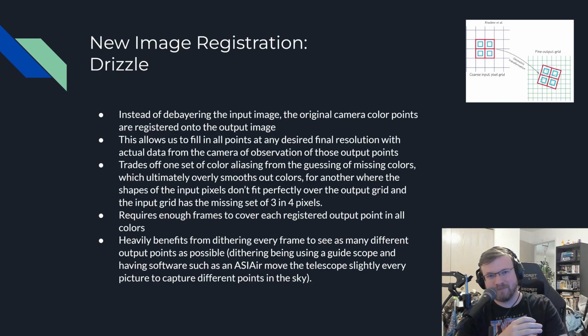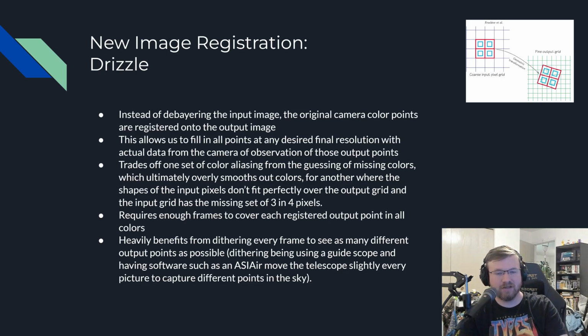This can be worked around, however, by not drop shrinking the pixels, just upping the scale and having the output points be covered scale times in both dimensions for each input pixel.